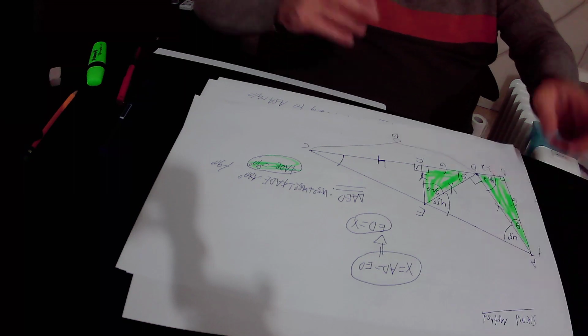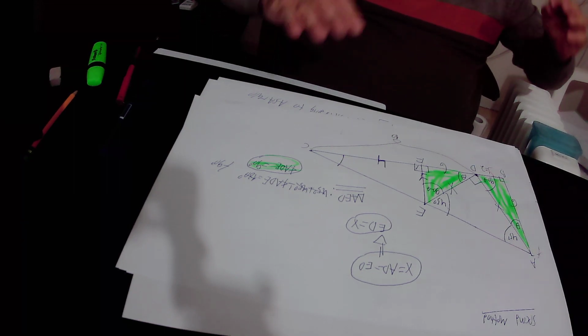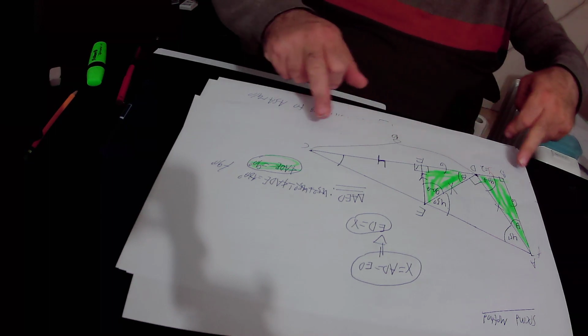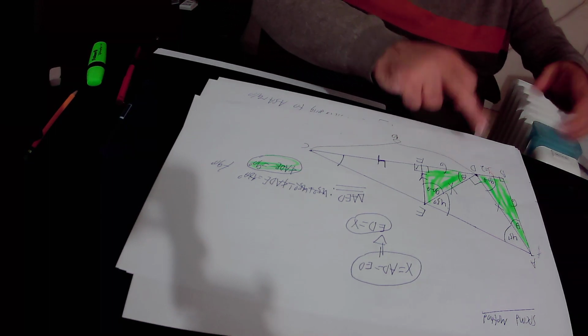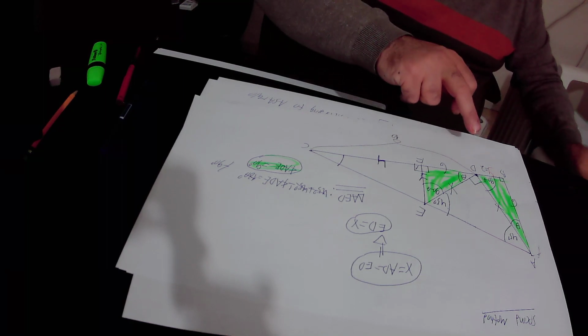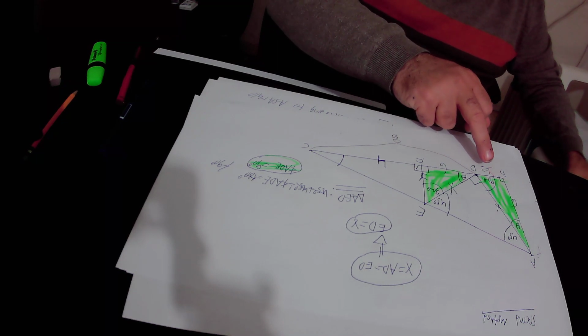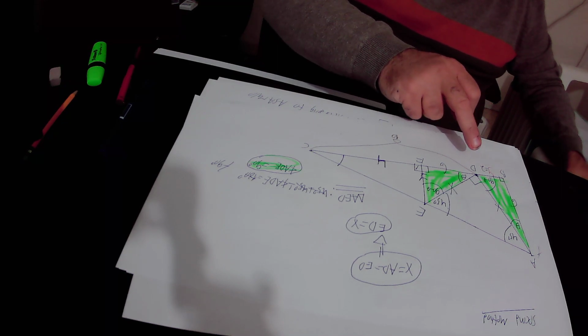And we have the rule that the sum of the angles on one side of a straight line equals 180 degrees. So if we focus on the upper side of the straight line BC at point D, the sum of the angles must be equal to 180 degrees according to the rule that I mentioned 1 minute ago.